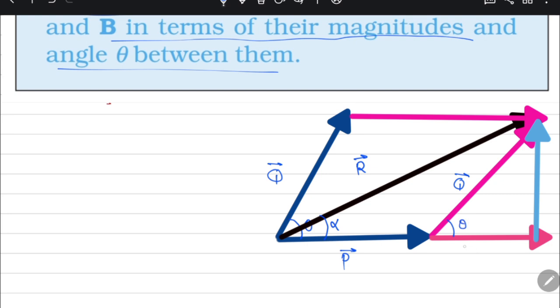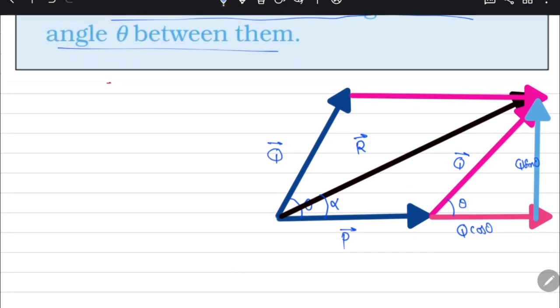If I resolve this vector, this comes out to be Q cos theta. Here, Q sin theta. So I am able to show this by the resultant vector. The resultant of two vectors you can find by Pythagoras theorem. By Pythagoras theorem, this is O, A, B, C, D. Right?